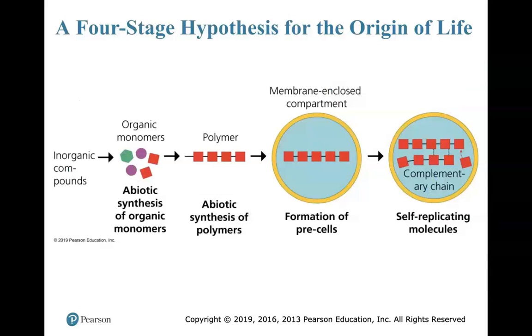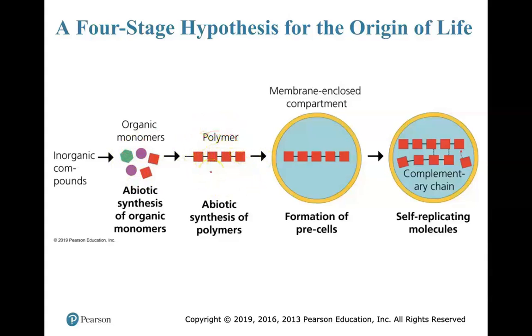Okay, the 4-stage hypothesis given to you guys in short image form. Inorganic compounds become organic monomers. This is the abiotic synthesis. That's stage 1. Stage 2, forming these monomers into these more complicated polymers. We now have larger structures. Now we have to house these polymers in something.